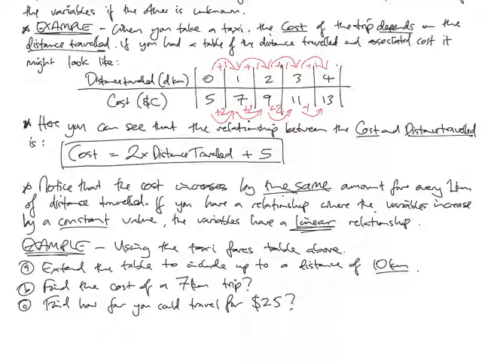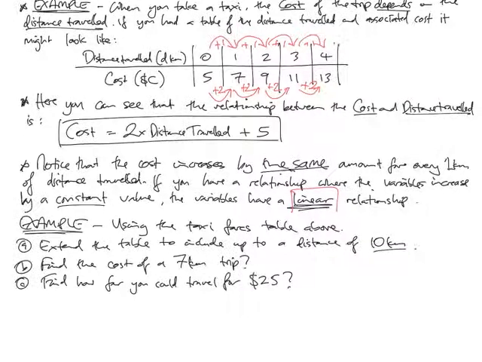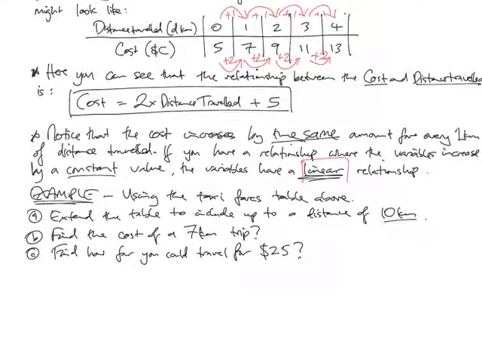If they're both increasing by a constant value, the variables have a linear relationship, and that's what this video is about. What is a linear relationship? It's where the variables are both going up by a constant amount each time. It's predictable.